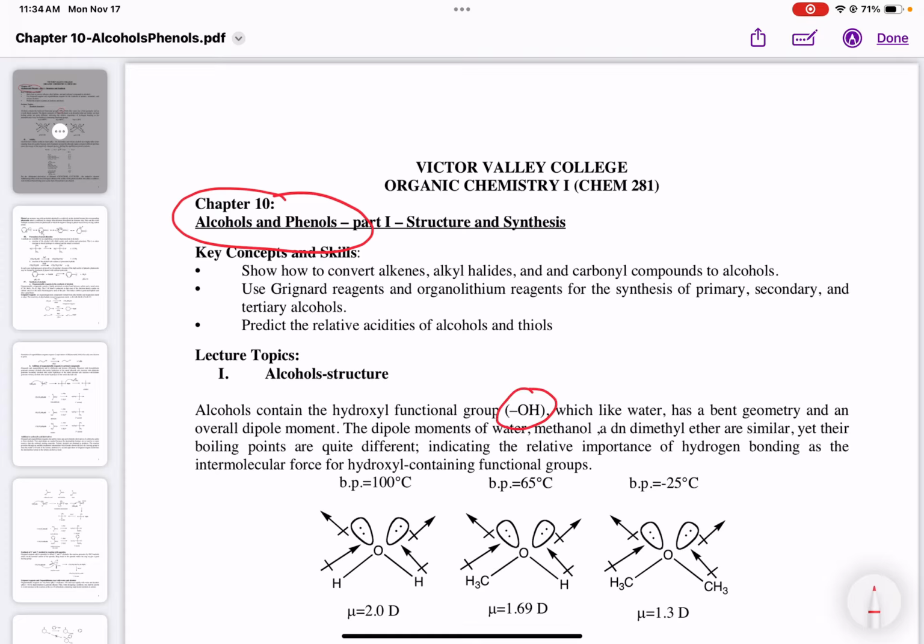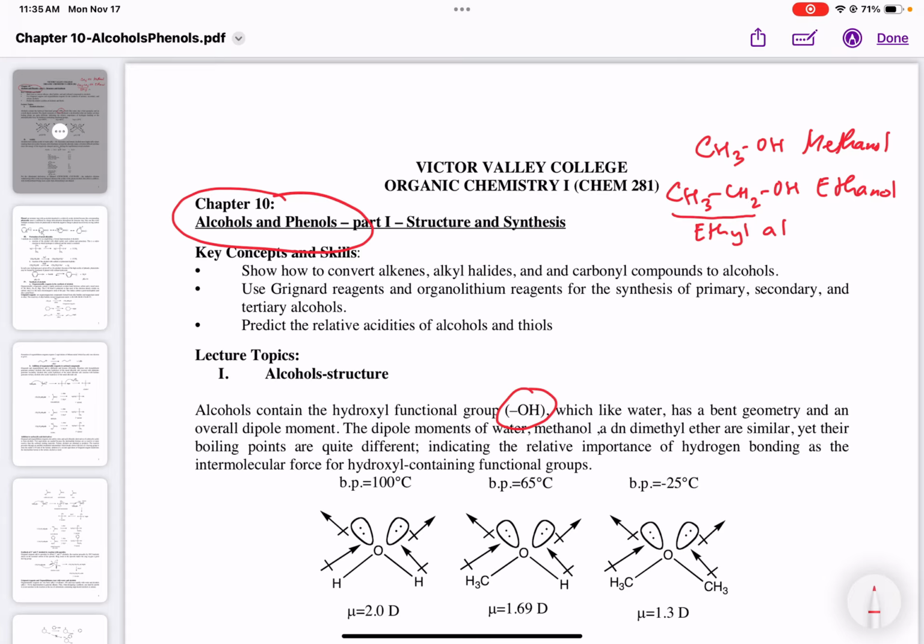So you have CH3OH, that's methanol. You have CH3CH2OH, that's ethanol. Now think about it. If you have a hydrocarbon with two carbons, CH3CH3, that would be called ethane, or ethyl, right?